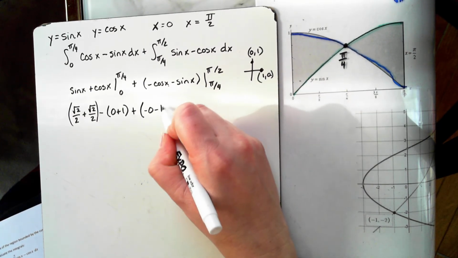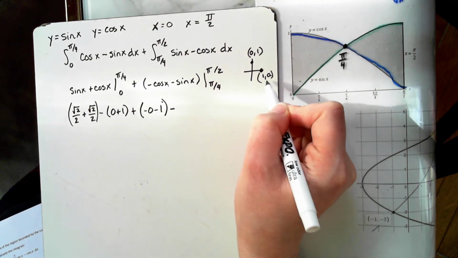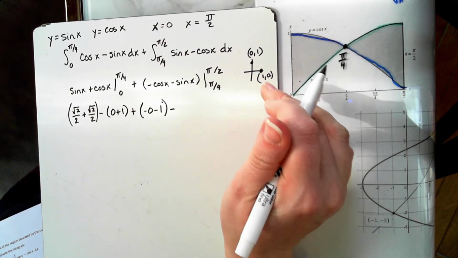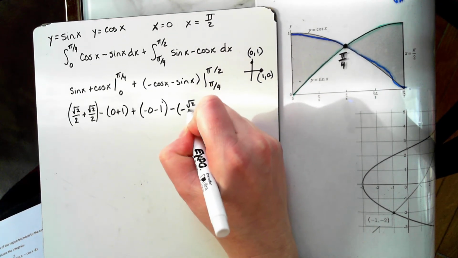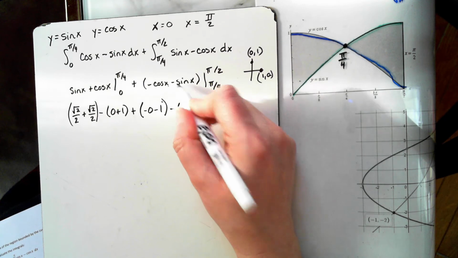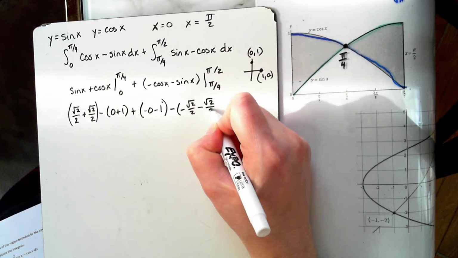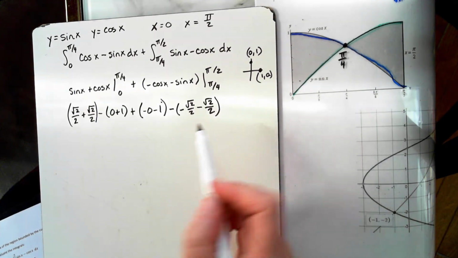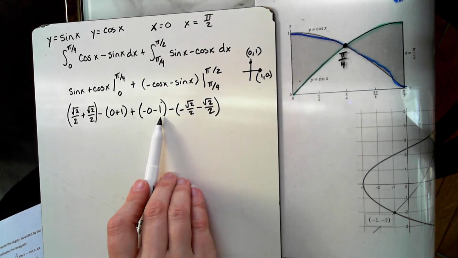Sine is 1. Okay, and then it's going to be minus, now I need the values at pi over 4 again. So negative square root 2 over 2 minus square root 2 over 2. Okay, so these are the values at pi over 4. Okay, these are the values at pi over 2.